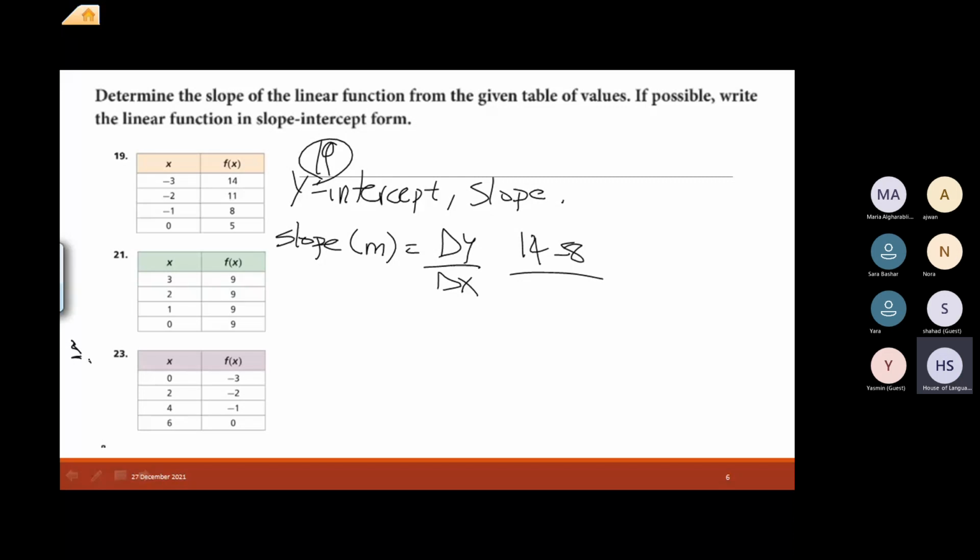She chose 14 and 8. What is the value of x that corresponds to 14? Negative 3. The one that corresponds to 14, which is negative 3, you have to put at the beginning. And then, what is the number that corresponds with 8? Negative 1.